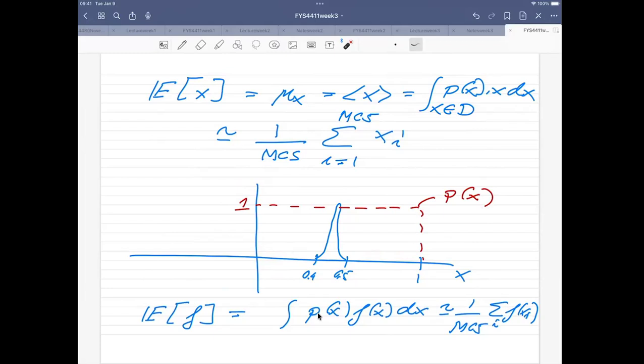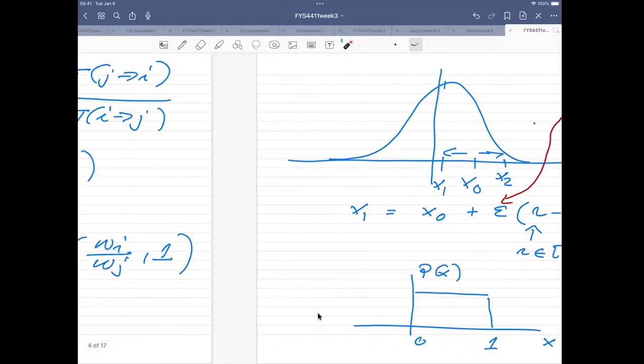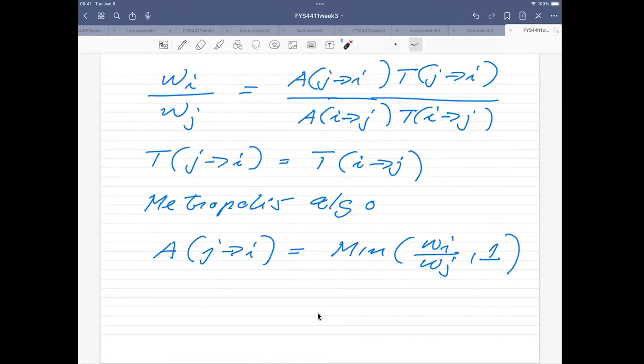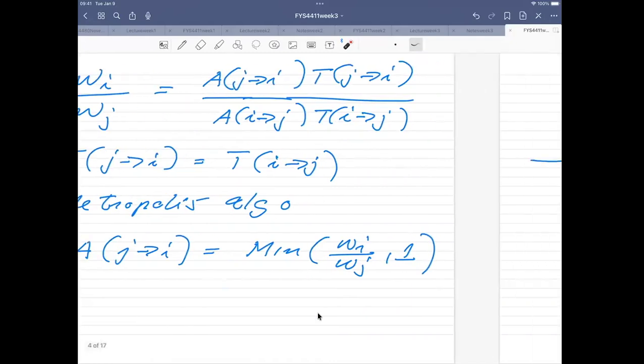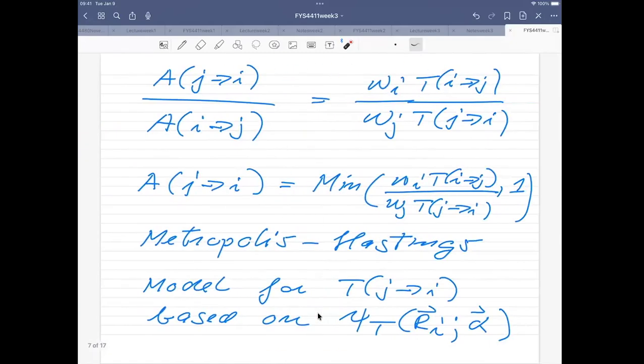That means that we would waste a lot of CPU cycles. So importance sampling is then reflected in this new Metropolis test. If we go back a little bit to what we started with, the new Metropolis test is going to include a function t here, which hopefully is going to give us random variables which follow the distribution we want to integrate so that we don't waste CPU cycles.